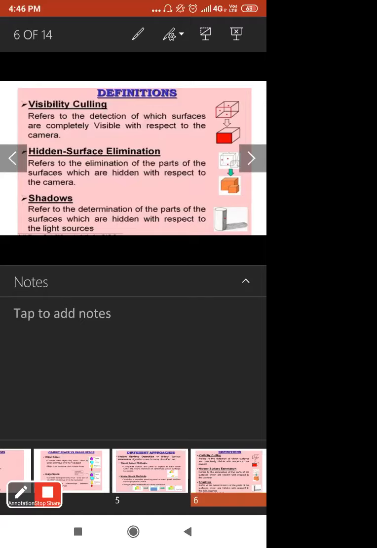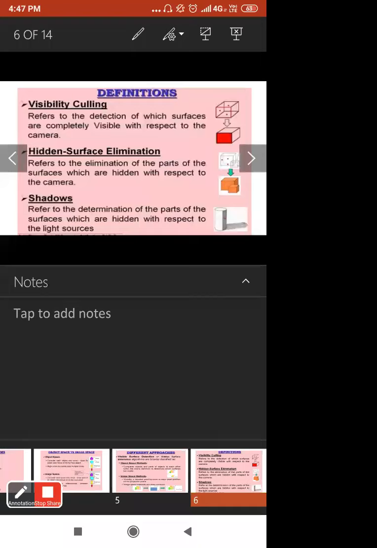Then hidden surface elimination. Now the meanings are somewhat the same, just the definition changes by some words. It refers to the elimination of parts of the surfaces which are hidden with respect to the camera. Now you get the difference. Meaning remains the same, just the definitions are different. And shadows are also said as back faces.